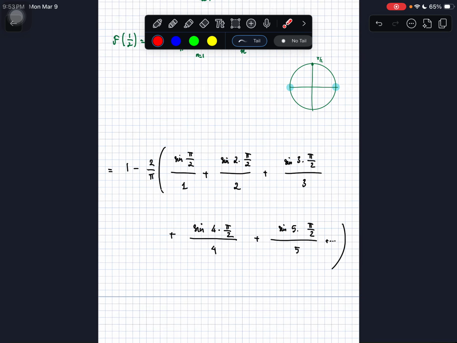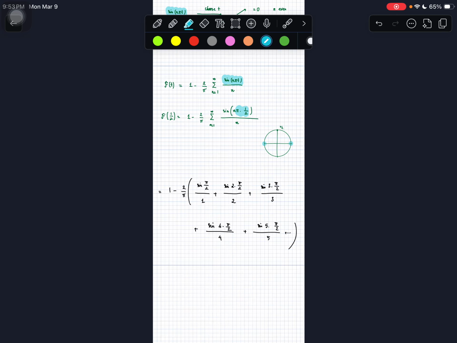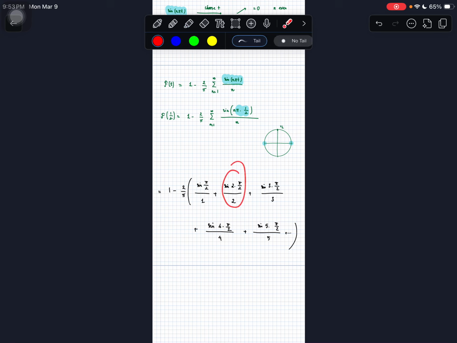So you see that for all the terms where n is even, psi 2 pi over 2, 4 pi over 2, all these are 0. They disappear. Now psi pi over 2 gives plus 1 here.